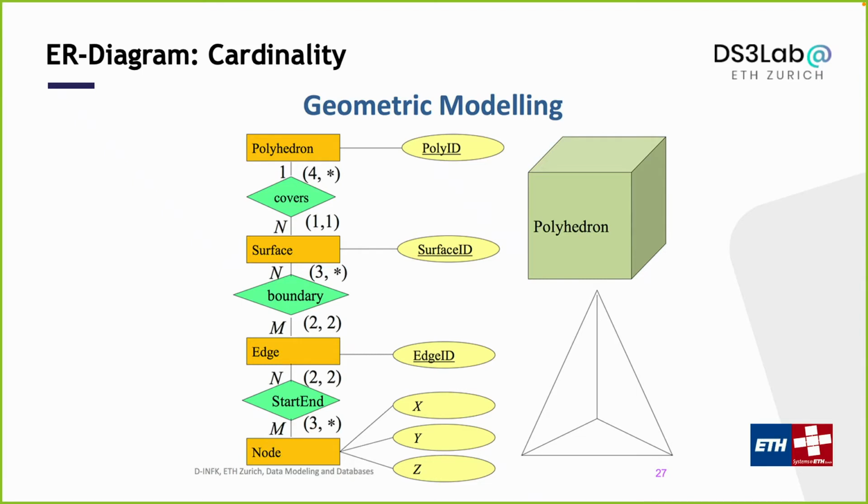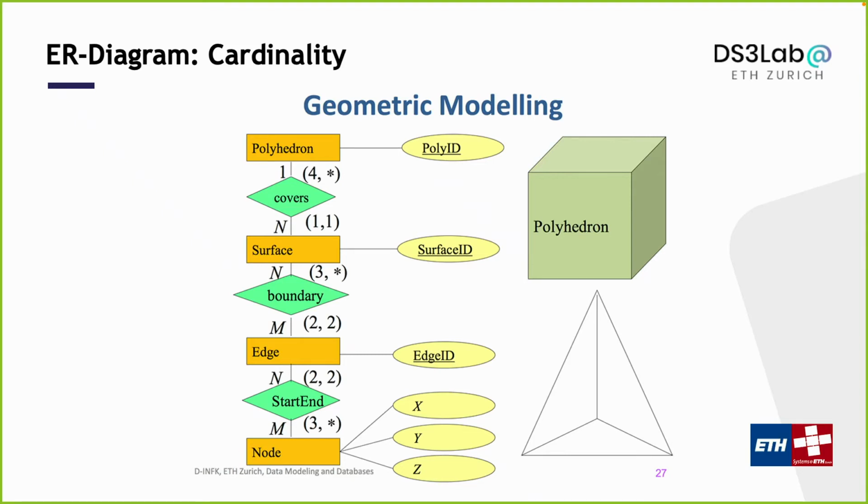And then if you look at the relationship connecting edge and the boundary, that's actually 2 and 2, right? For a single polyhedron, every single edge needs to be on the boundary connecting 2 surfaces and only 2 surfaces. So a single edge participates twice and only twice, okay?